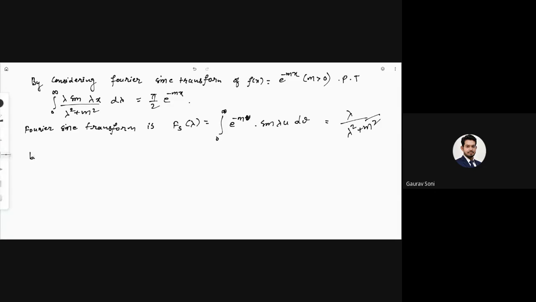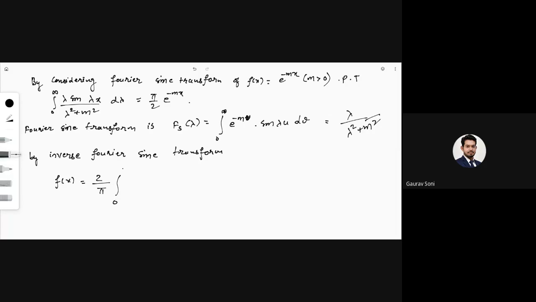By the inverse Fourier sine transform, what do we have? f of x is equal to 2 by pi integral 0 to infinity f s of lambda sine lambda x d lambda.